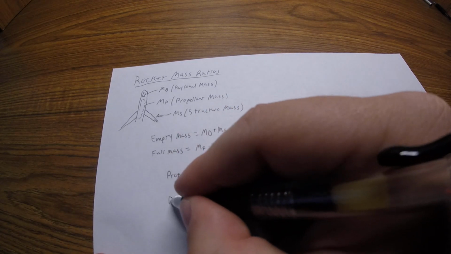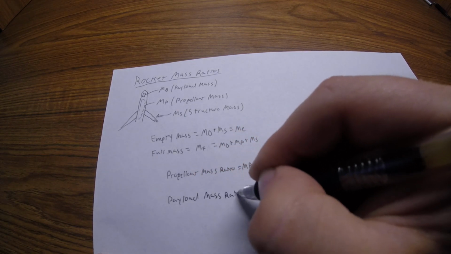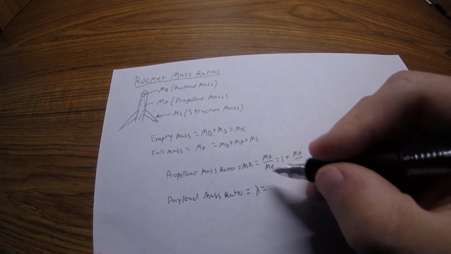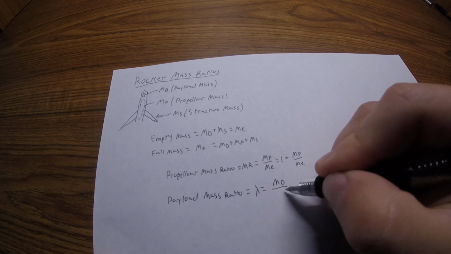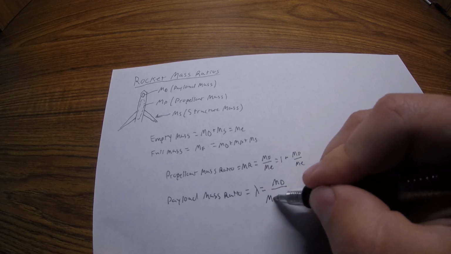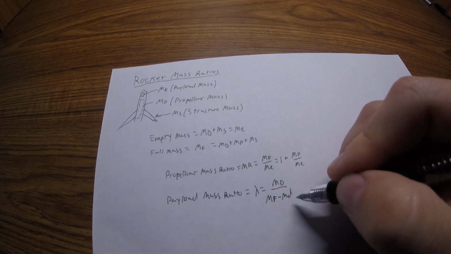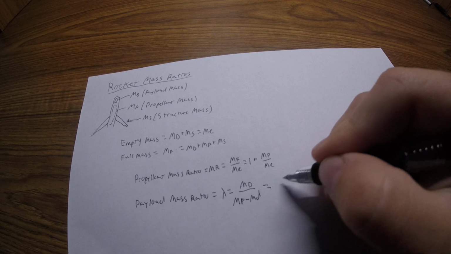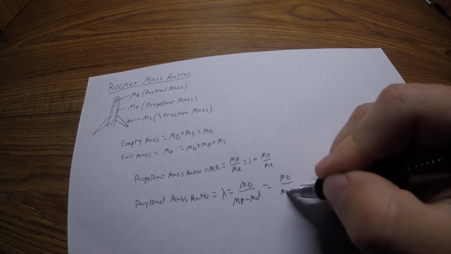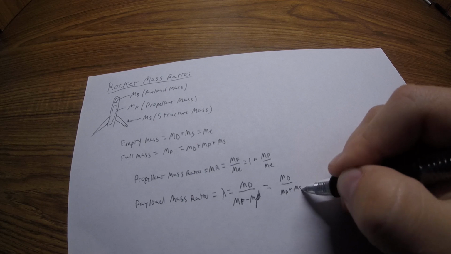And then we have the payload mass ratio, which is lambda, which equals md, mass of the payload, divided by the full mass minus the mass of the propellant, which can also be equal to mass of the payload divided by the mass of the propellant plus the mass of the structure.